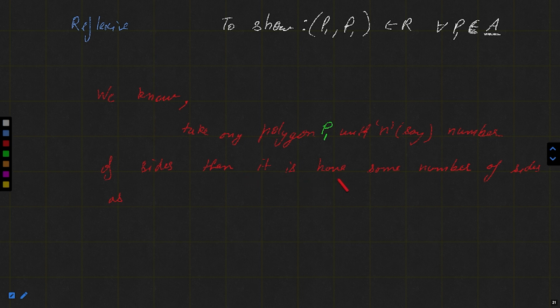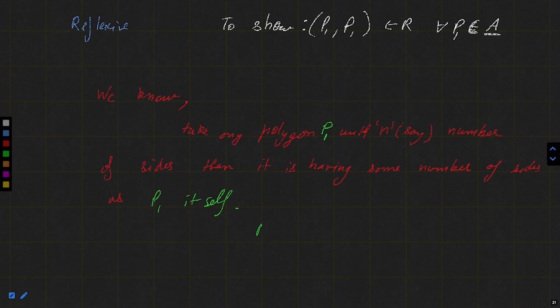Then it has the same number of sides as P1 itself. Yes, it is true.